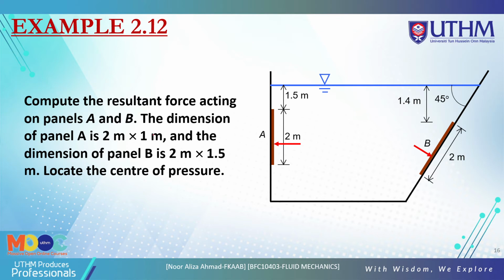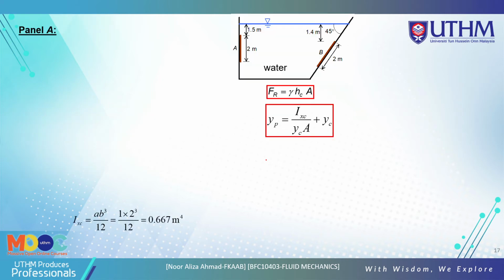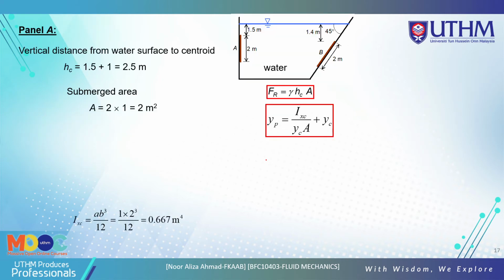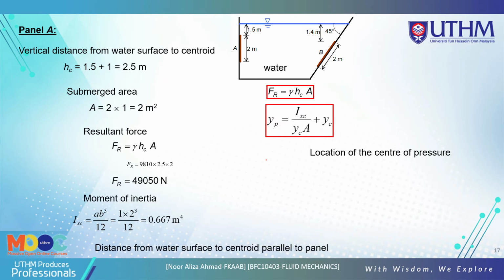The dimension of panel A is 2 meter times 1 meter, and panel B is 2 meter times 0.5 meter. Locate the center of pressure. You want to find the Y to get the center of pressure. So you must calculate panel A.